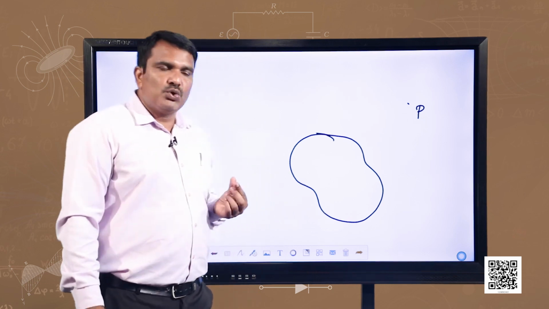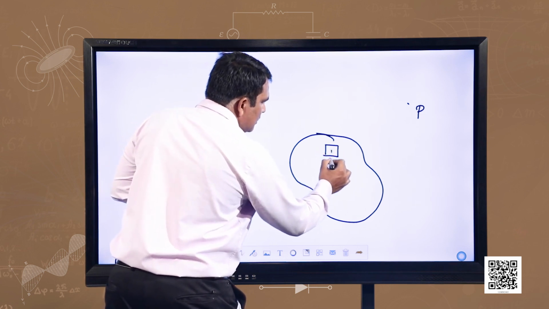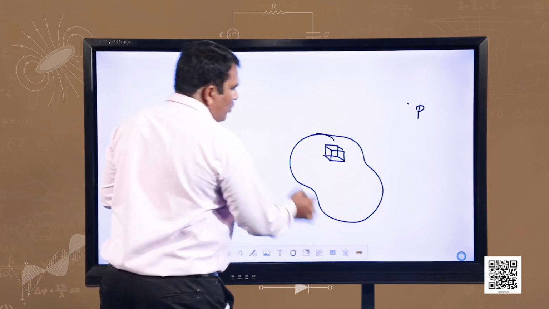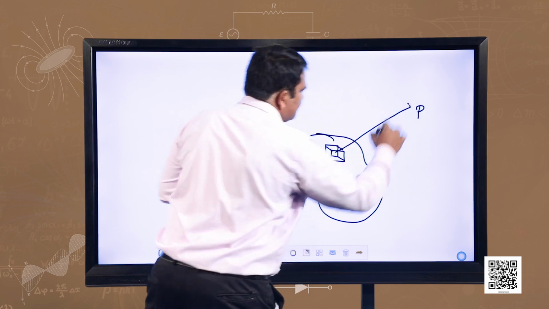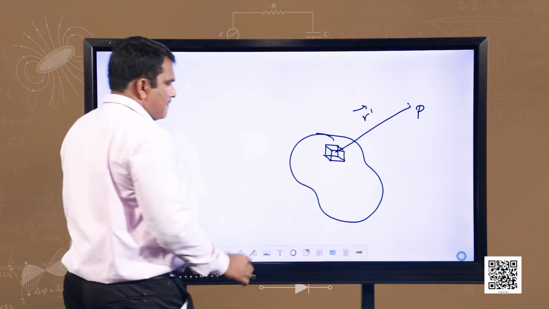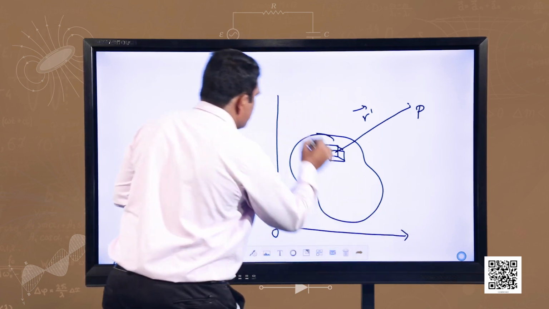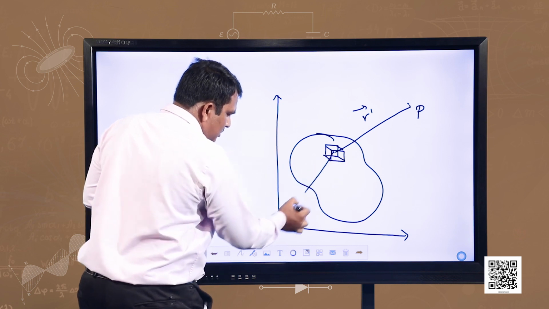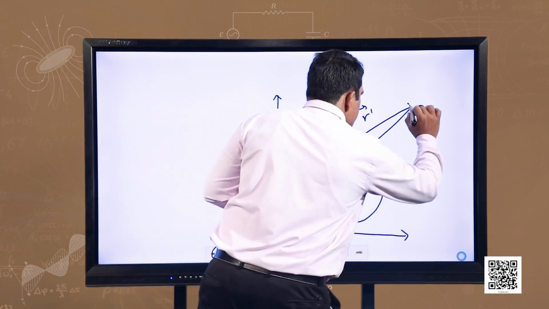So, to find electric field due to this volume charge distribution, first let us cut a small volume element in the form of a cube like this from this whole volume, and suppose the distance of point P from this volume element is written as r dash vector, the position vector of this volume element from the origin can be written as r, and position of point P with respect to the origin is capital R.